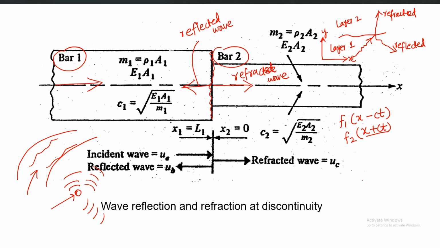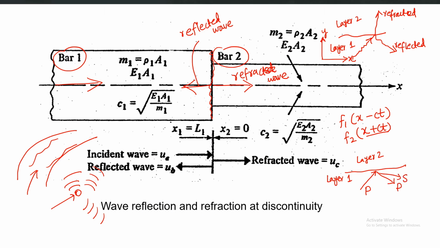For example, if you have layer 1 and layer 2 is a different material with a different C value, and a P wave is propagated in that direction, it may reflect back as either a P wave or an S wave.